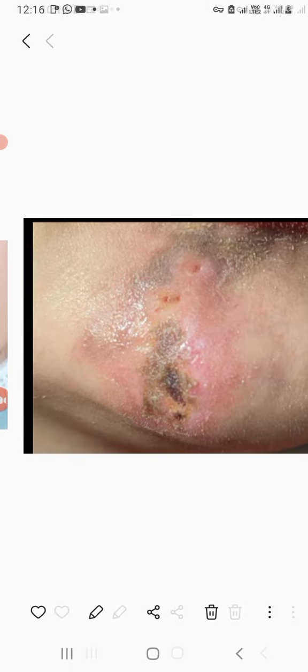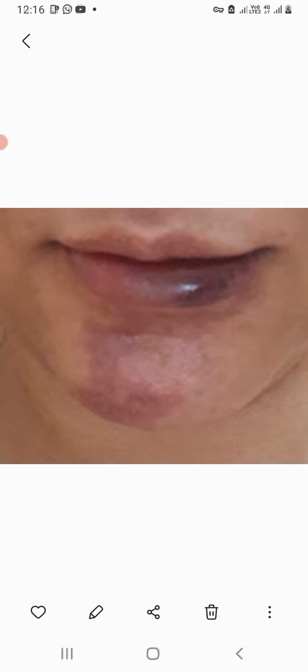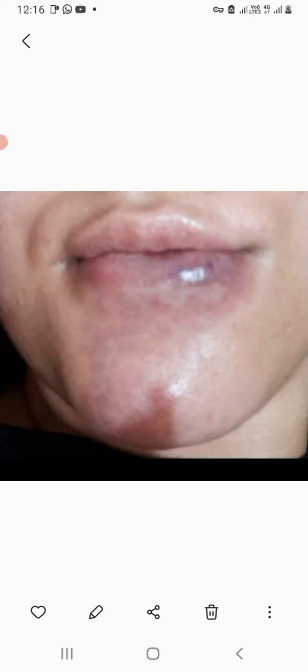So we should be very, very careful when we see any problem after injection.